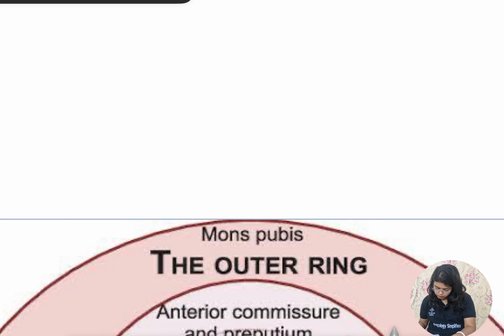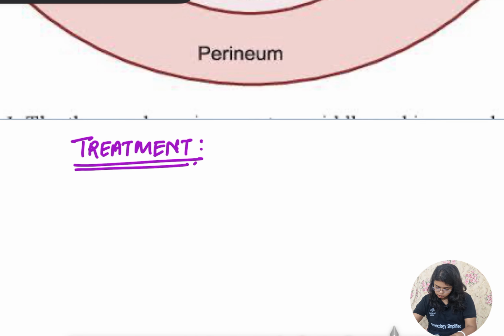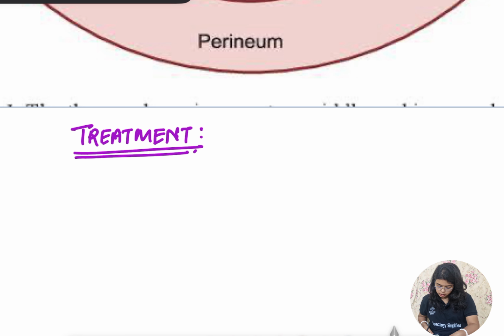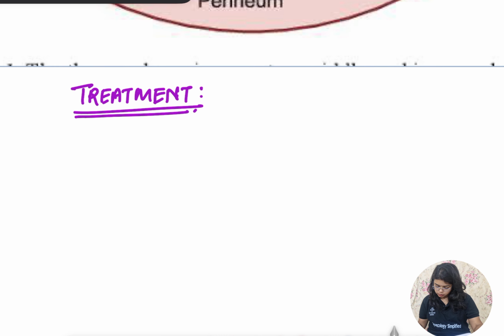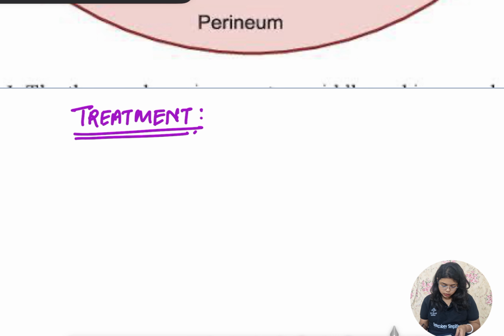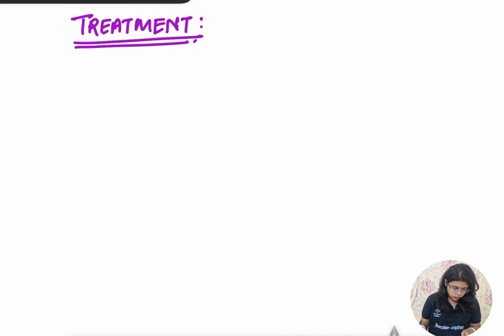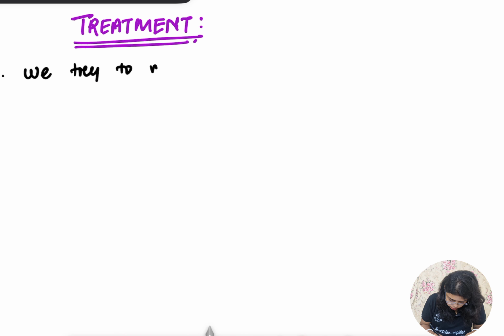Then coming to the treatment. What is the principle of the treatment in premalignant lesion? First, we try to manage the symptoms, that is the symptomatic management.